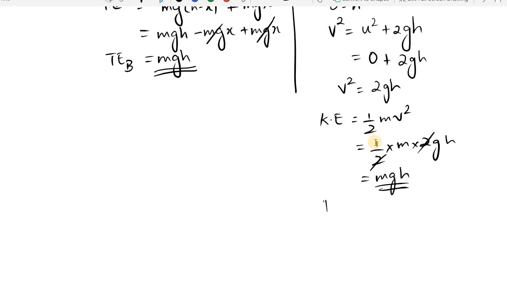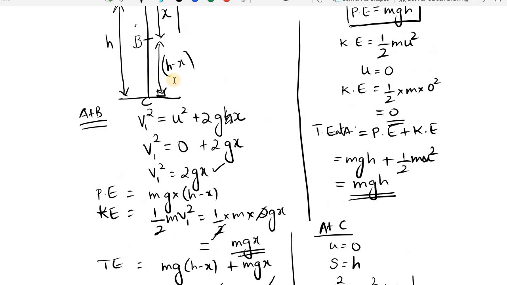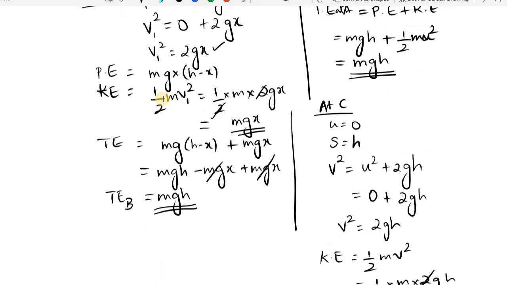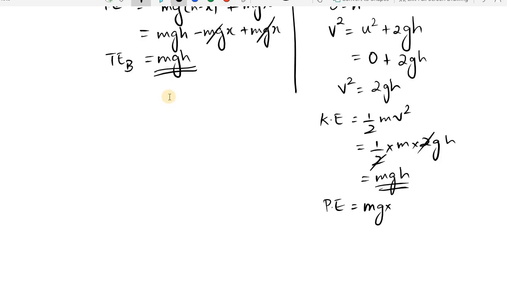The potential energy would be mgh, but the height here is 0 since it is just near the ground. So there's no distance above. So that would be 0. So the total energy at C is mgh plus the 0, which is mgh.